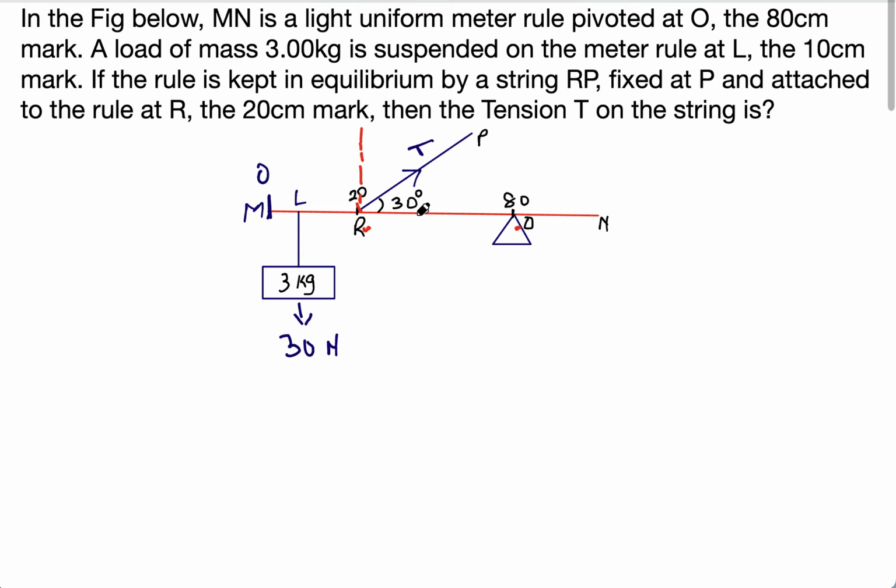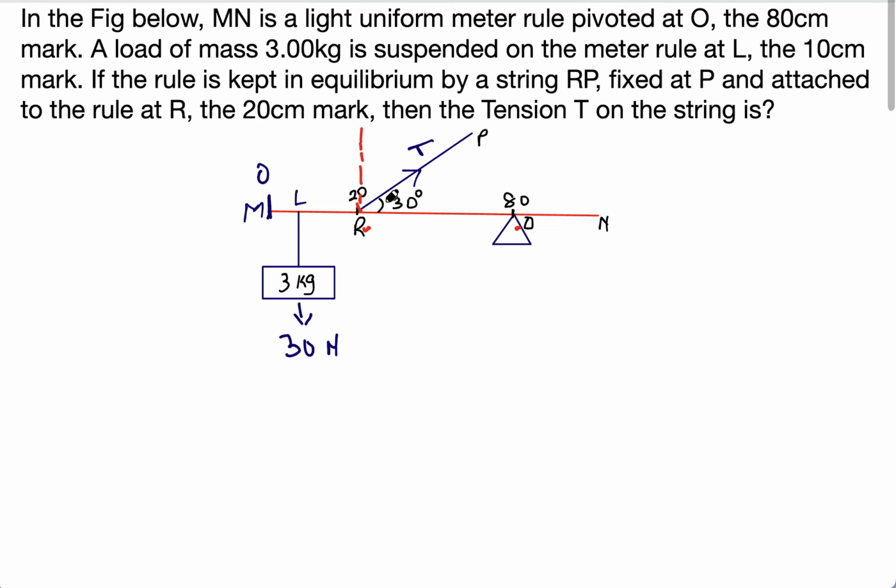The good thing is that we are given the angle the tension subtends with the uniform meter rule. With this angle, we can easily get the component of the tension along the vertical.